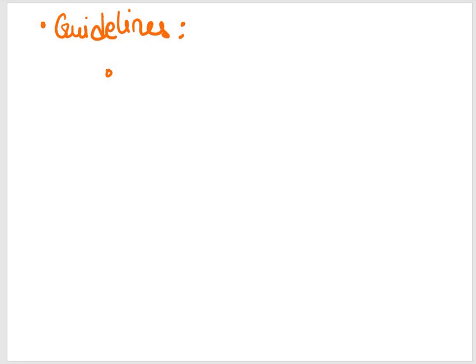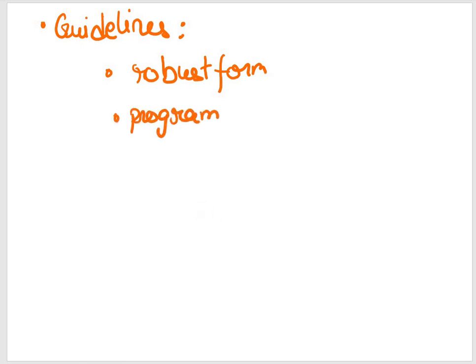Now there are certain guidelines, or you can call them rules, for using this equivalence class partitioning. One is that you should use the robust forms if the error conditions in the software product are of high priority, right?